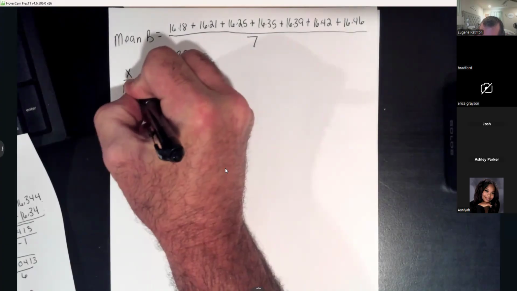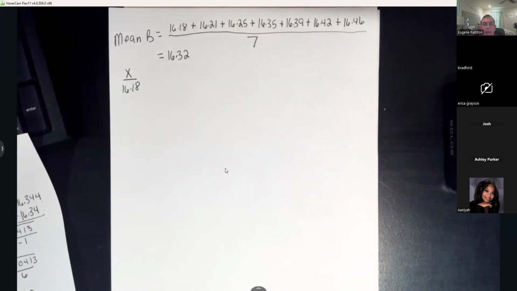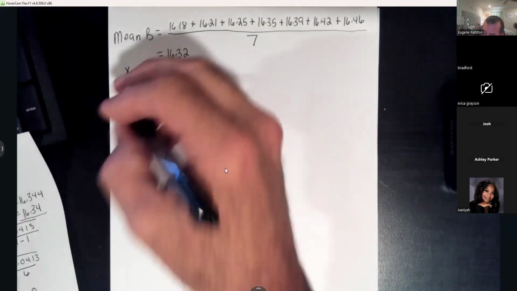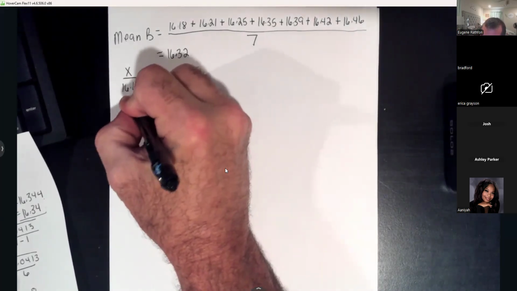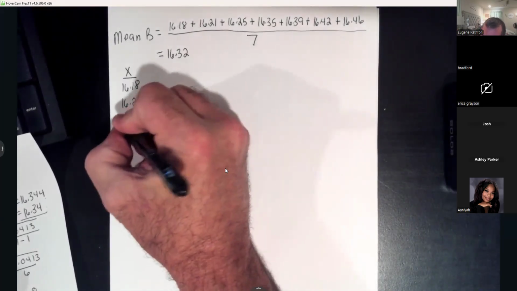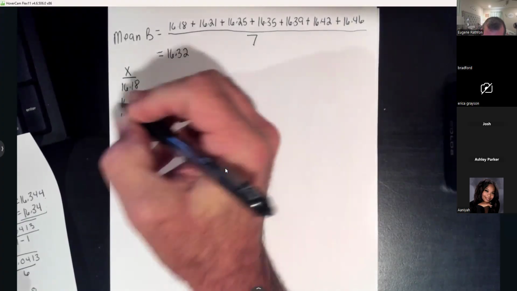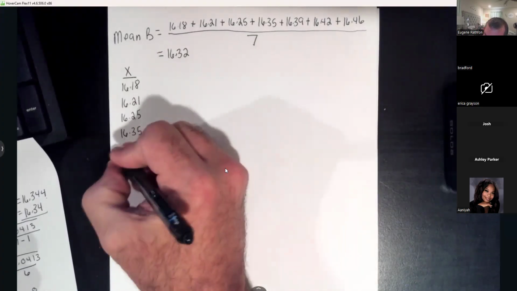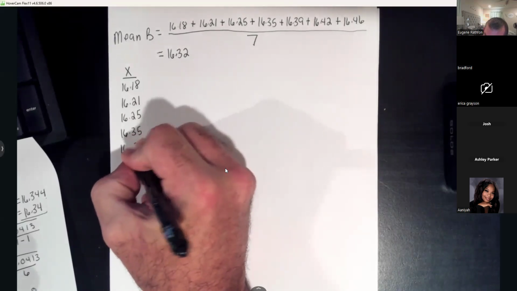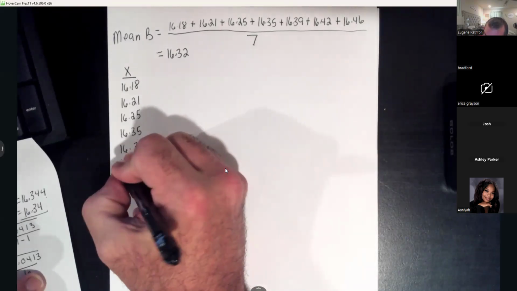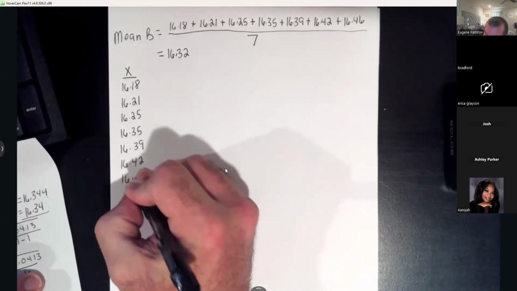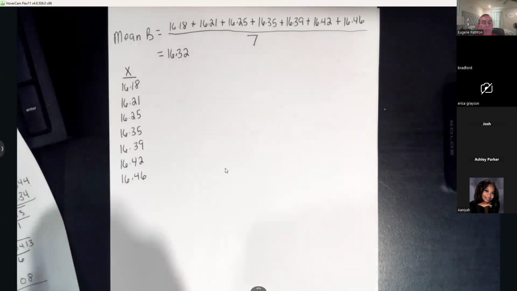So now I'm going to write my x's. 16.18. And y'all, this is why people that do statistics get paid so much, because there's so much work you got to do on these. All right, 16.21, 16.25, 16.35, 16.39, 16.42, and then 16.46.